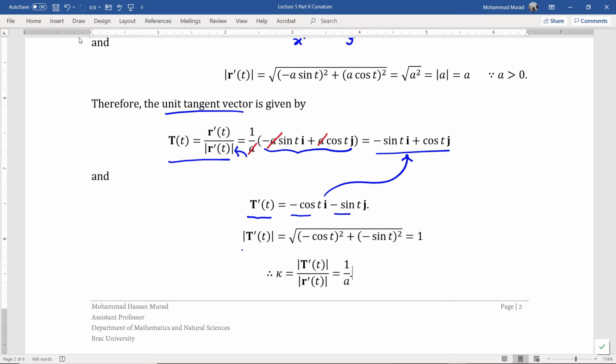So the magnitude of T prime equals the positive square root of the sum of the squares of its components, which simplifies to 1. Therefore, the curvature of the circle of radius a at any point is 1 over a.